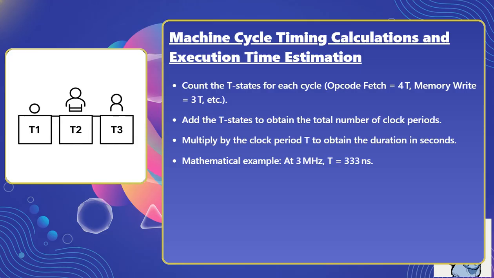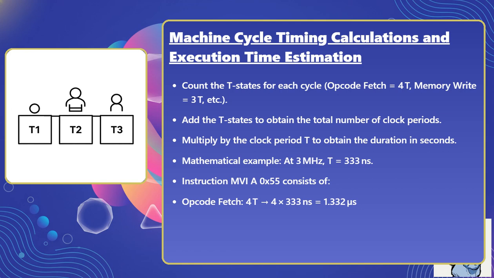Mathematical example: at 3 MHz, T equals 333 nanoseconds. Instruction MVI A, 0x55 consists of opcode fetch, 4T equals 4 times 333 nanoseconds equals 1.332 microseconds. Memory read to fetch the immediate operand, 3T equals 3 times 333 nanoseconds equals 0.999 microseconds.